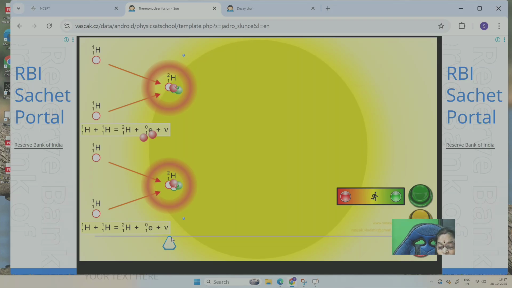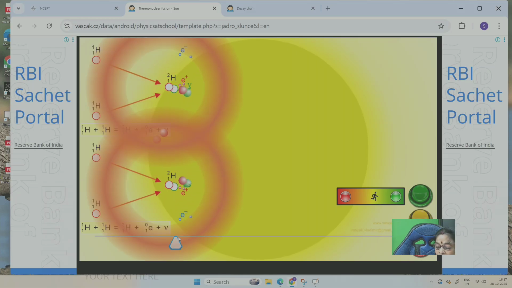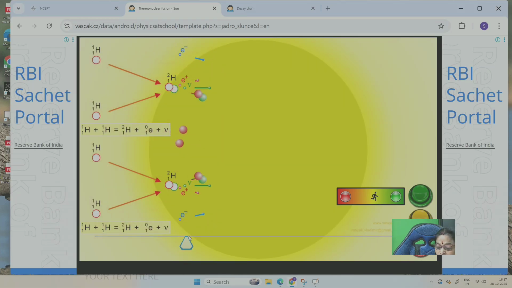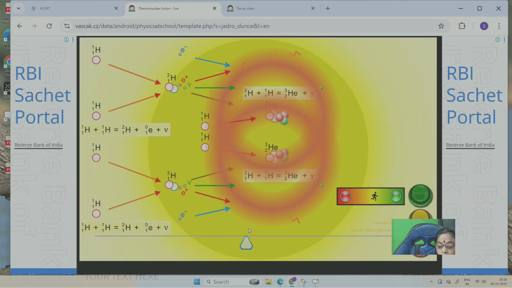deuterium. Now again you see deuterium plus electron released with the neutrino. Again so good, so nice. The 2 deuterium nuclei again fuse together to form tritium, helium 2, 3. Now again what happens?